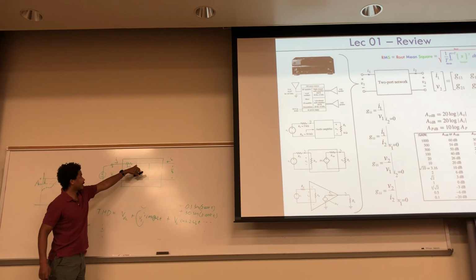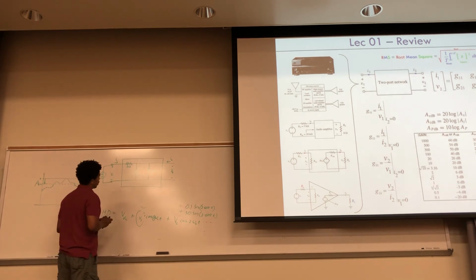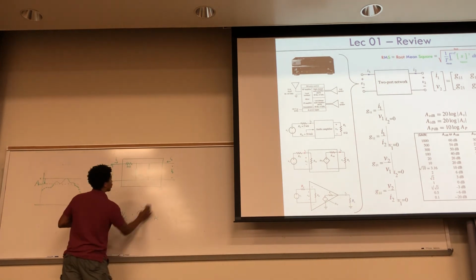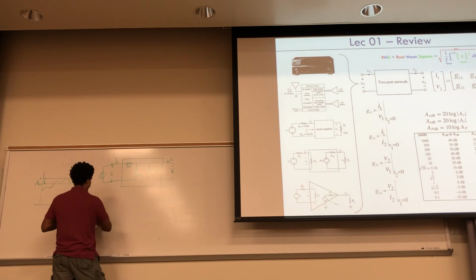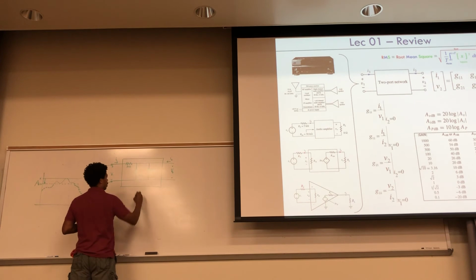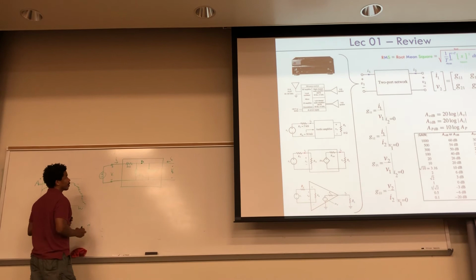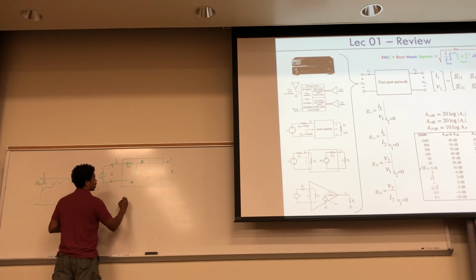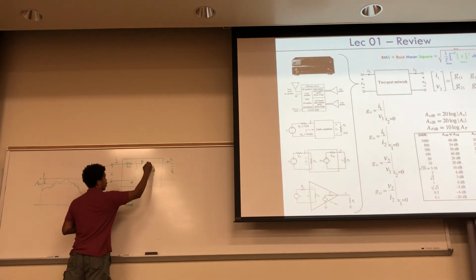So when you do your KCL from this node, this is going to be V2, right? And let's say this part down here is ground. So you're going to have V2 minus 0 over 220K. That takes care of that current.